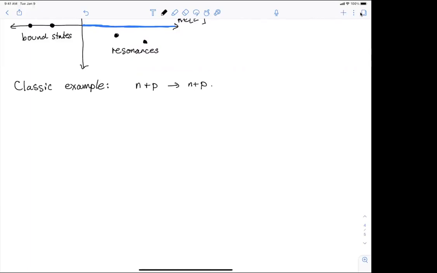So you scatter a neutron off of a proton, and out comes a neutron and a proton. We're doing elastic scattering. And you could ask, are there any bound states that we could see this way? And it turns out there's exactly one, which is convenient. There's one neutron-proton bound state that exists. And that's the deuteron.